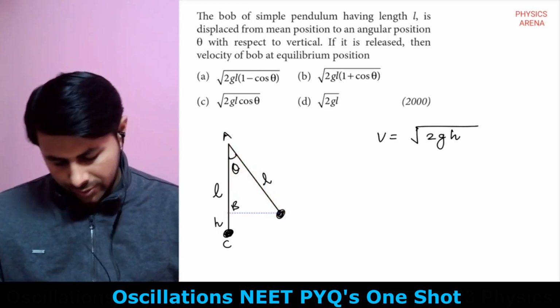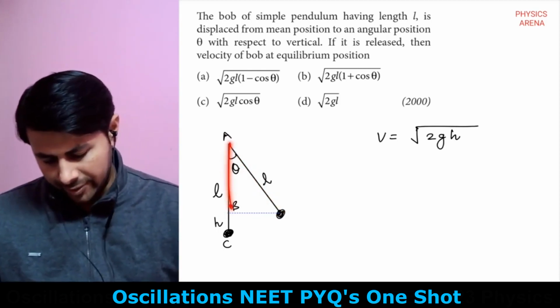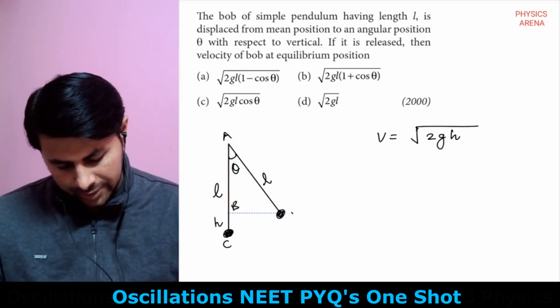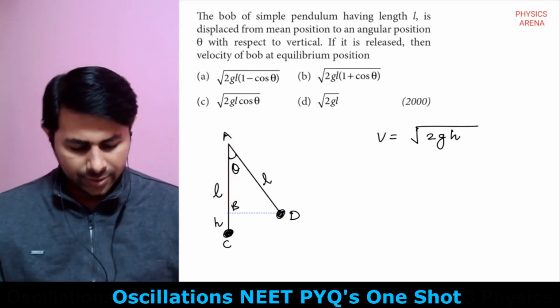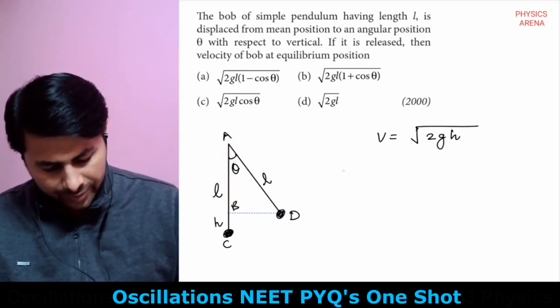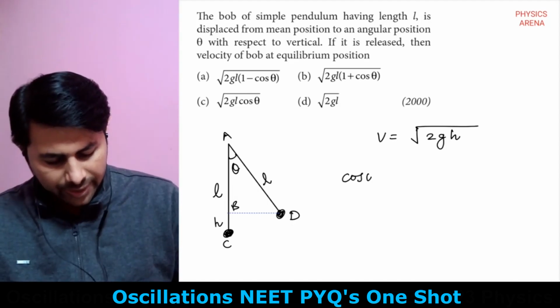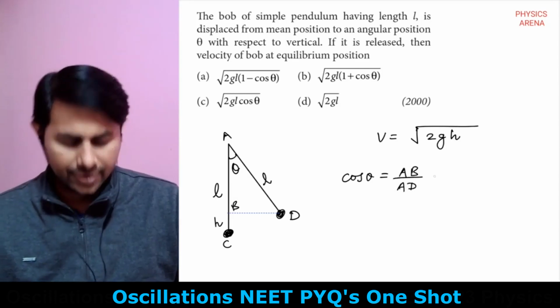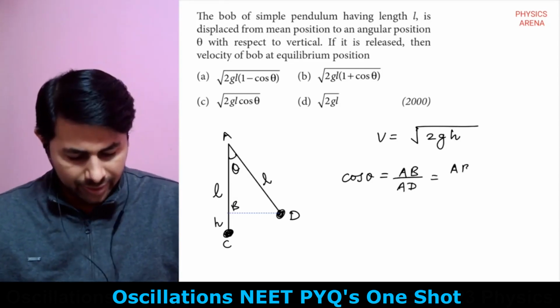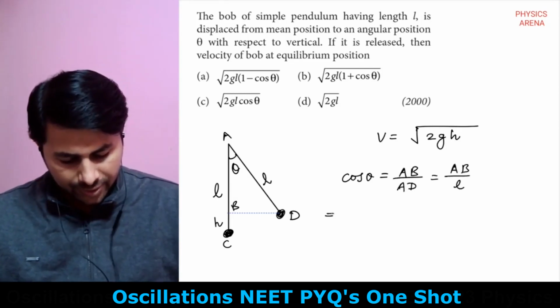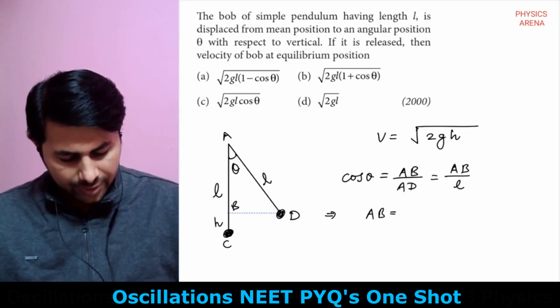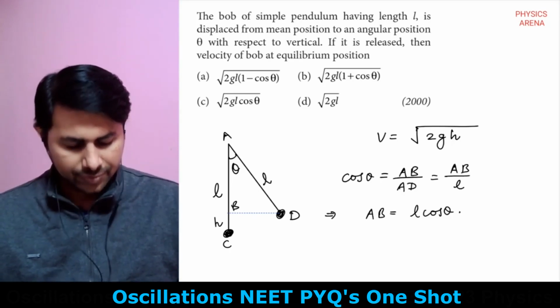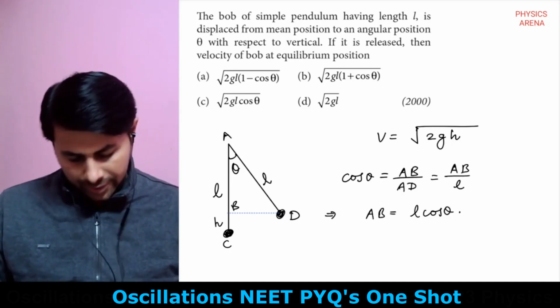We want length AB, and this is D. In this triangle, cos theta equals AB divided by AD, or AB divided by L. So AB is equal to L cos theta, right?